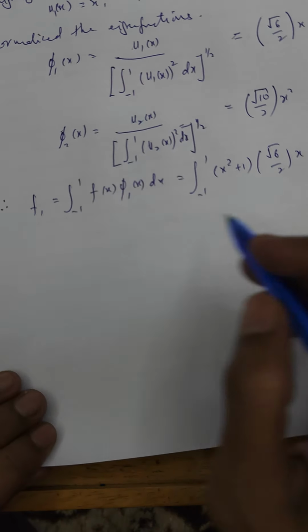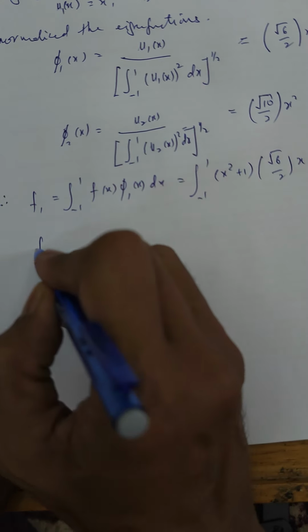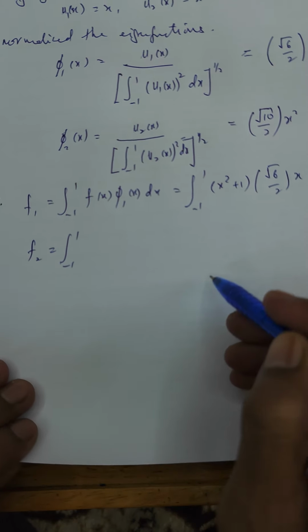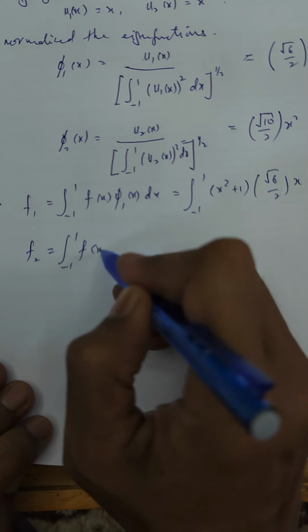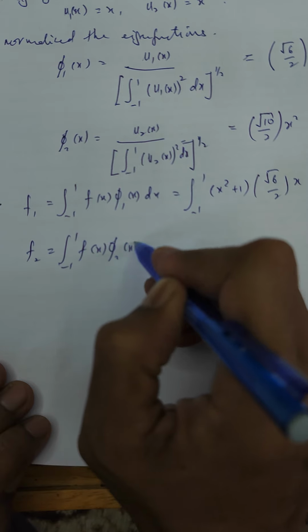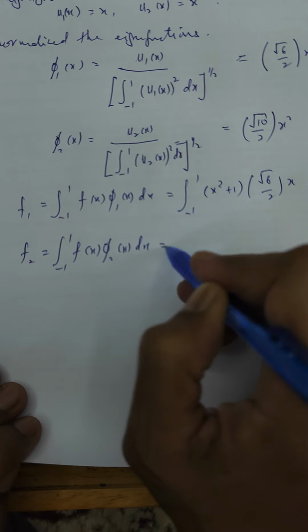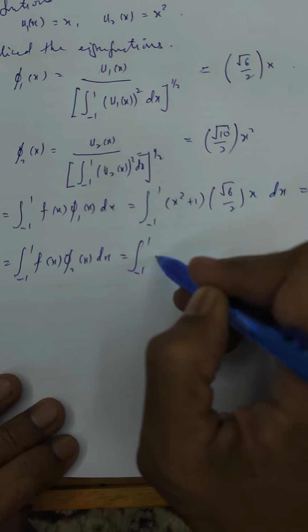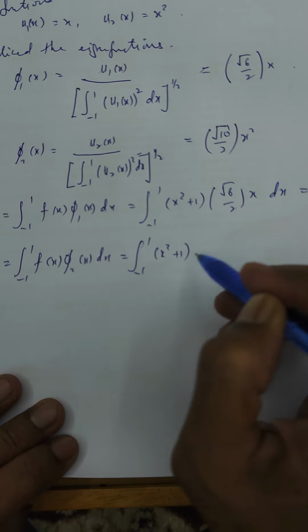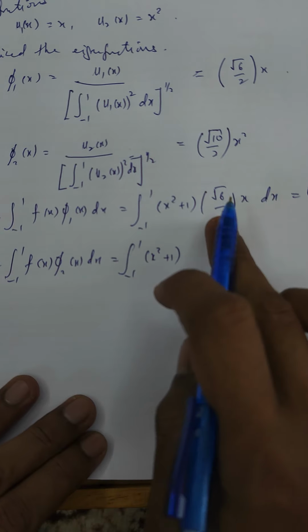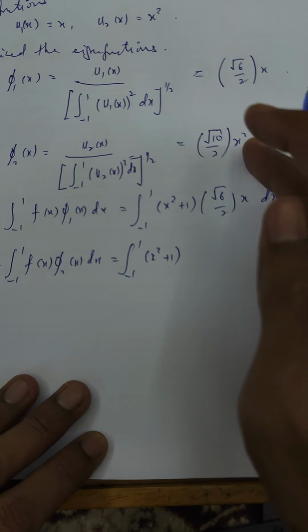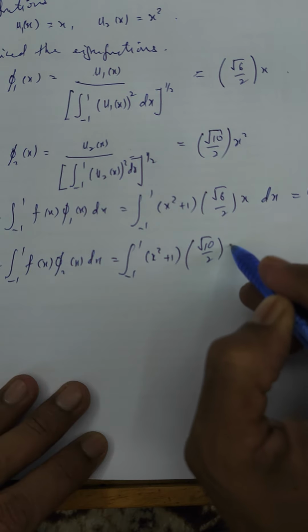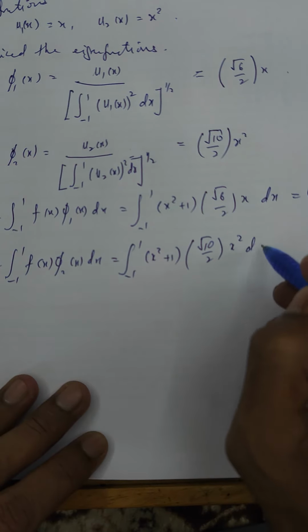And then for f2, we integrate from minus 1 to 1 f(x) phi 2(x) dx. That gives us the integral from minus 1 to 1 of x squared plus 1, and phi 2(x) is square root of 10 over 2 times x squared, dx.